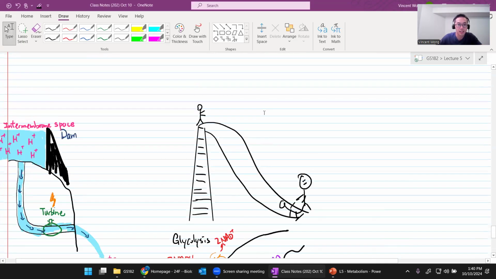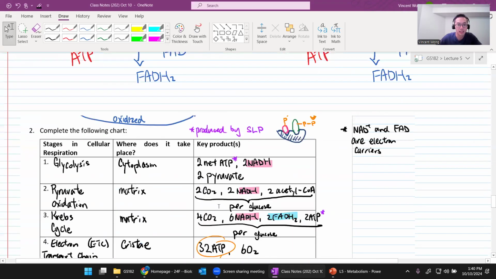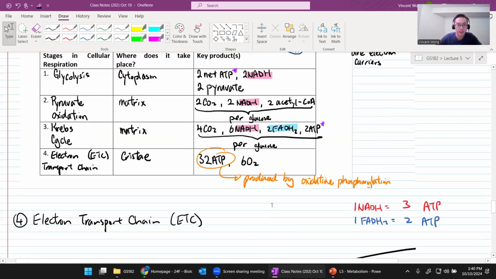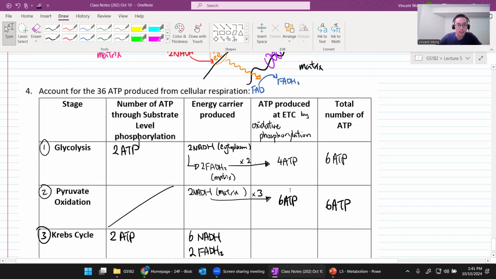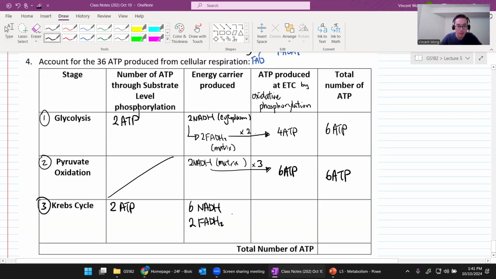Again, it's all summarized here in the chart earlier, right? Now, these are already in the matrix, of course, so we don't have to transfer them. All we need to do is take them to the ETC. And what do we multiply the 6 by? 3, because each NADH can produce 3 ATP. 6 times 3 gives you 18.